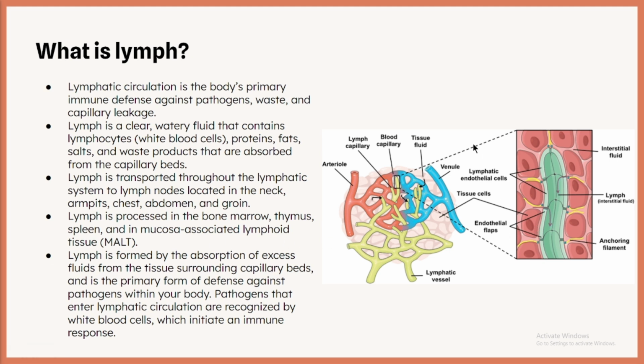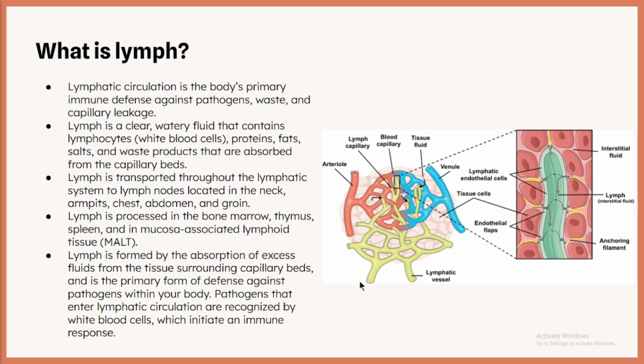So we can see in this image here, this is a capillary bed, and these are the lymphatic vessels intertwined into that capillary bed. So sometimes the capillary beds have leakage. Not everything is absorbed back into the capillaries, and that leakage would cause swelling in the tissue if it wasn't for our lymphatic vessels.